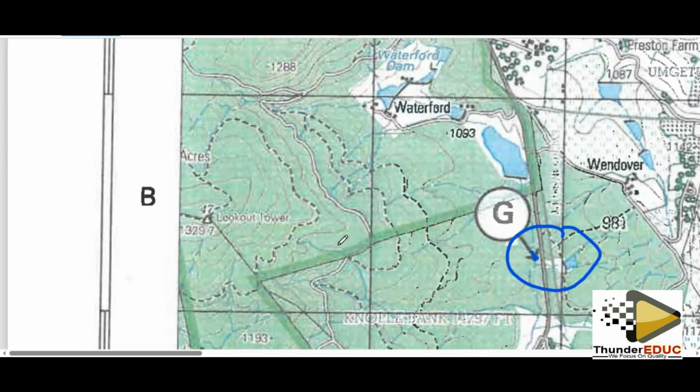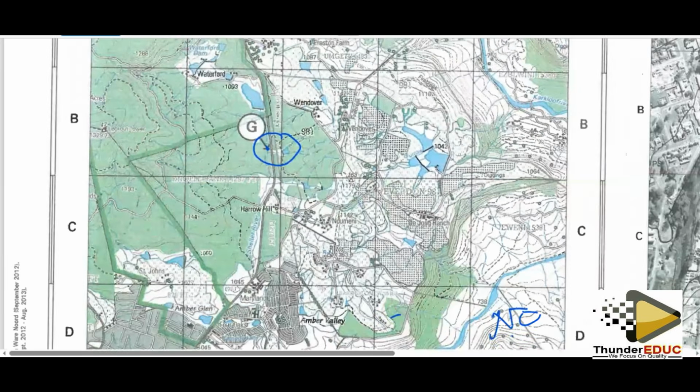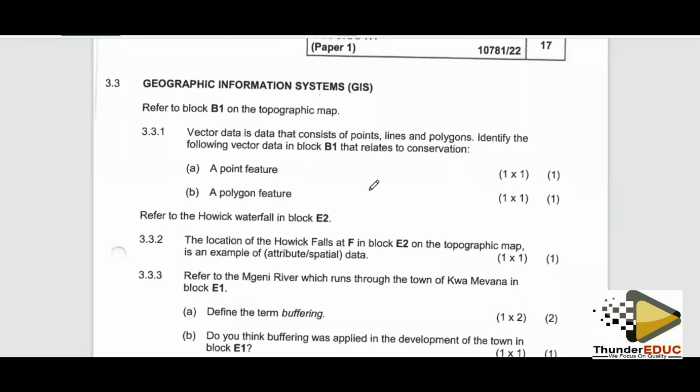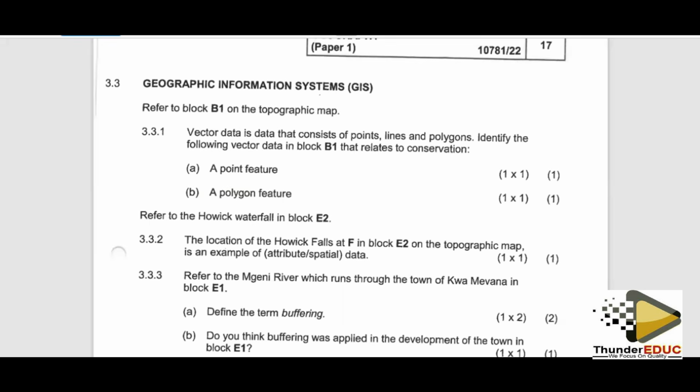Yeah, based on our map here, because of the resolution, you can't easily see the lookout, to identify a point feature there. But let's try a polygon. So a polygon could be woodland. See, all of the woodland that is in block B1, which is woodland.